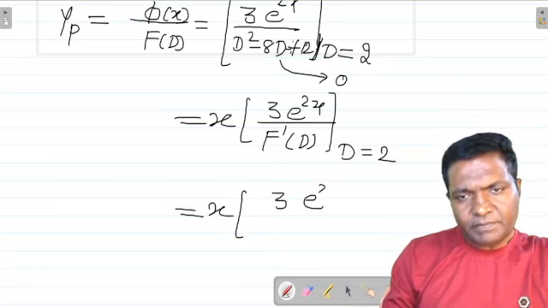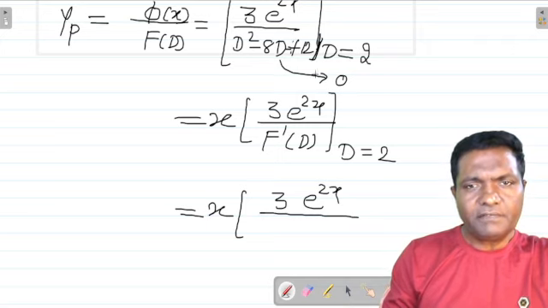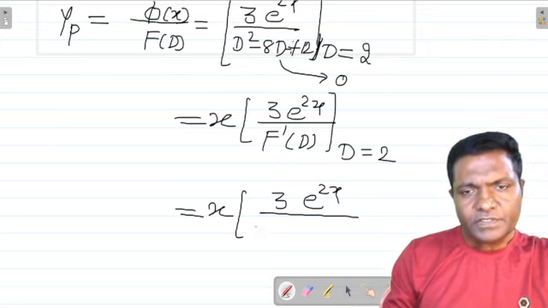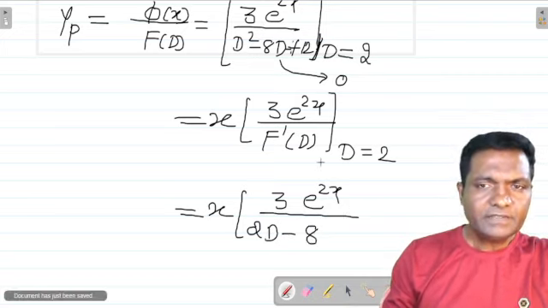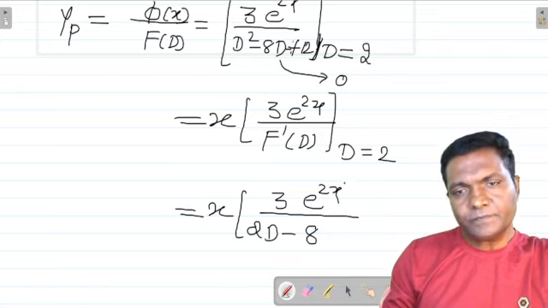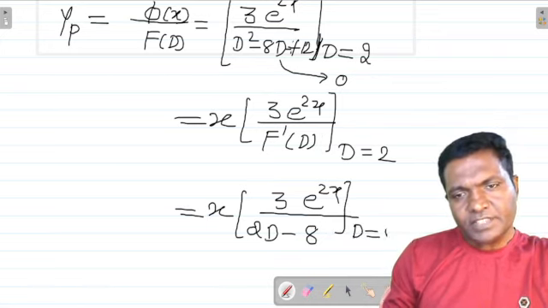So it is 3 x e power 2x divided by f dash of D, whatever this f of D is, differentiate it. D square derivative is 2D, minus 8D derivative is minus 8, and plus 12 derivative is 0.